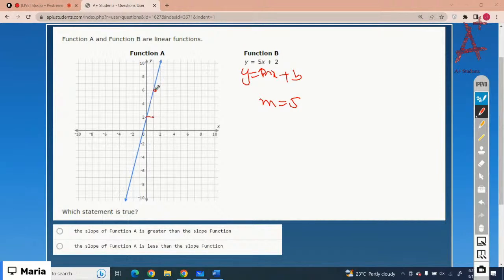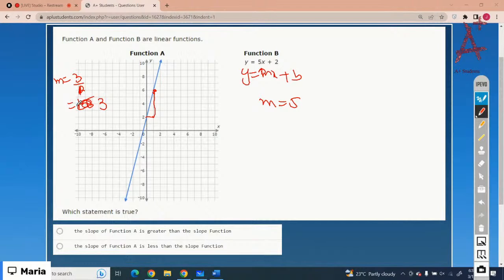The change in y is 1, 2, 3, so it is 3, and the change in x is 1. You can see you have three boxes on the y and just 1 on the x-axis. So the slope of this function is 3.